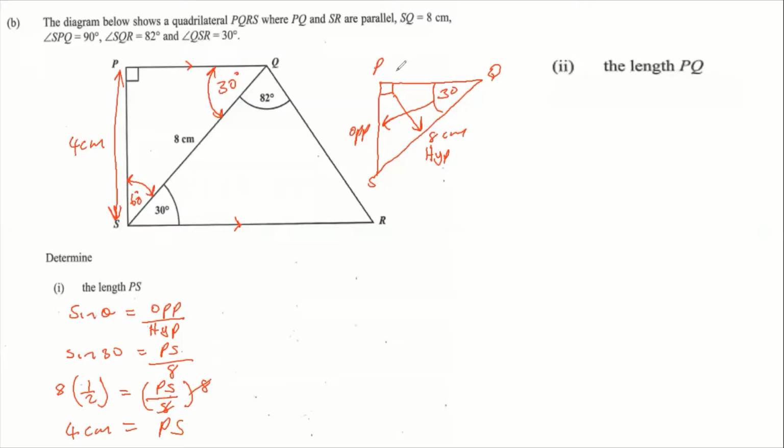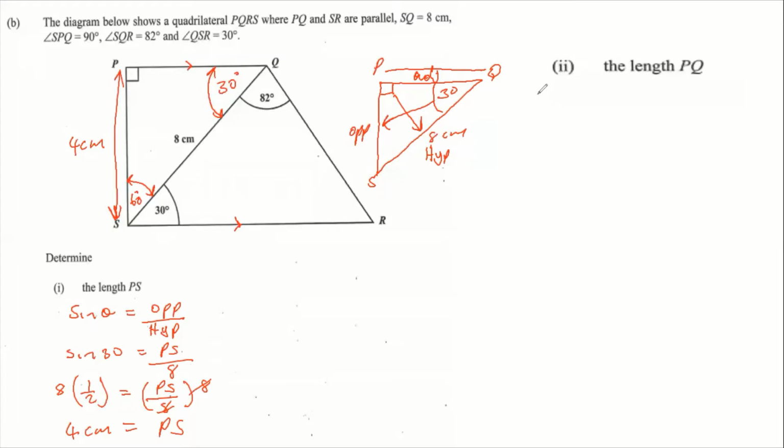What is this distance now? Length of PQ. Let's label that according to 30 degrees. If we label that according to 30 degrees, that's just the adjacent side. And now we want to find the adjacent side, and we have the hypotenuse. So that sounds like the cosine of an angle.